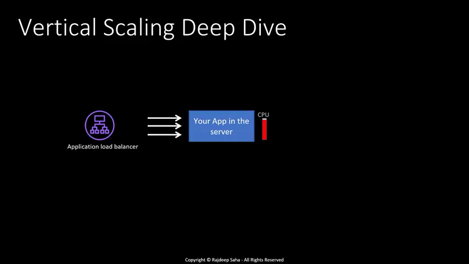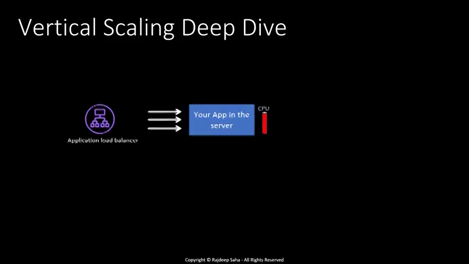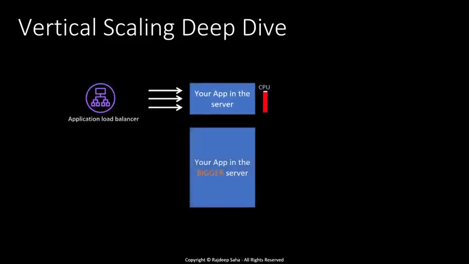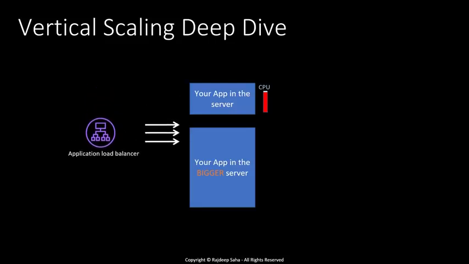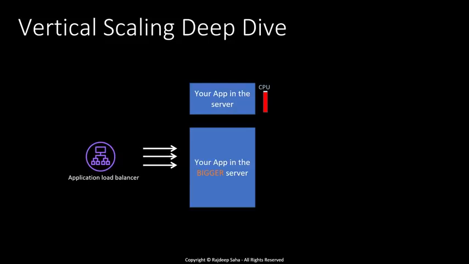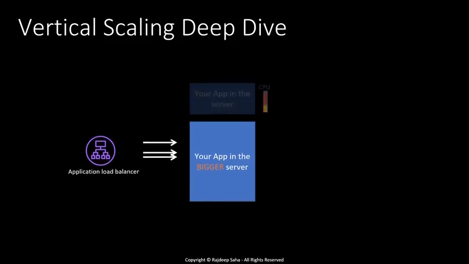To do vertical scaling, you have to bring up a bigger server. So let's say you spin up a bigger server and then you load your application. Next, you will cut over the traffic from the smaller server to the bigger server. And then you will delete the smaller server.